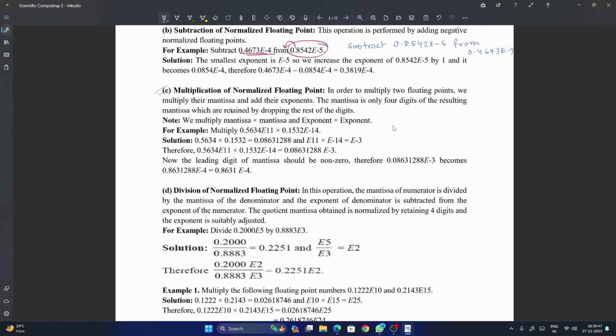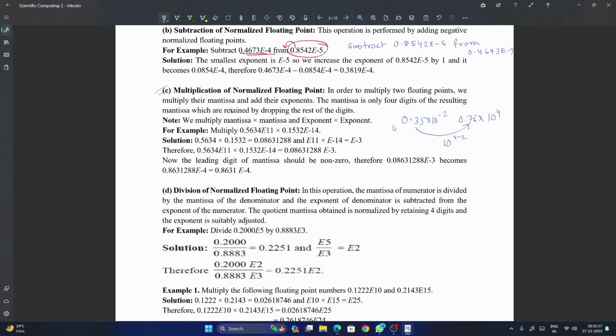It is the same calculation method you have already used up to now: if you want to multiply 0.35 into 10 to the power minus 2 and 0.76 into 10 to the power 4, you multiply these two numbers and the power will be 4 minus 2, that means add the powers. Here also it is the same method: multiply the mantissas, and when you multiply the exponents, you take the addition of the exponents.